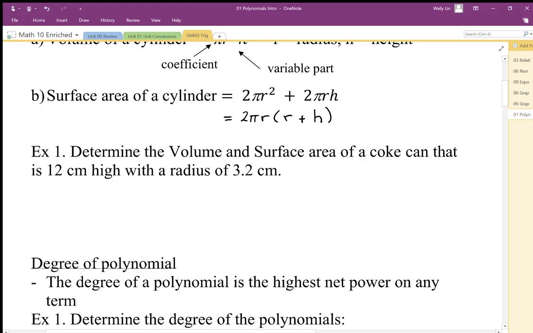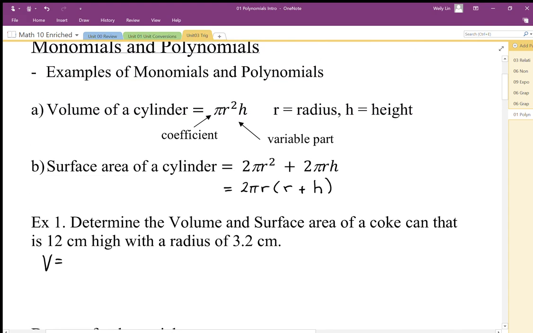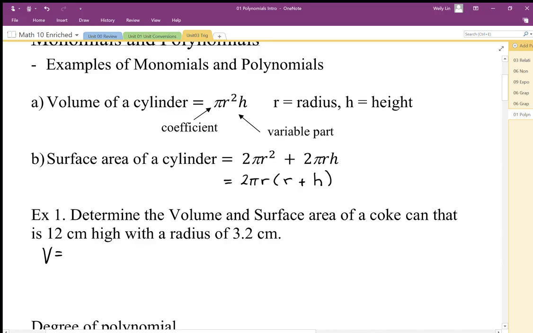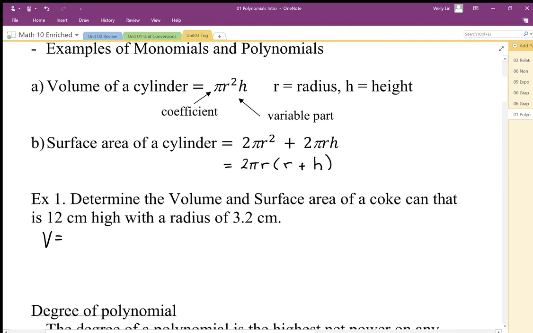So we can use these polynomial expressions to do things like calculate volume and surface area. So for example, if I want to calculate the volume of this Coke can that is 12 centimeters high and has a radius of 3.2 centimeters, the volume can be calculated with pi times the radius squared times the height.